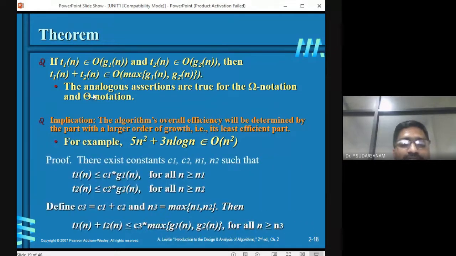So this is the definition, and you have to write the proof. I'll tell you how to write the proof. The same way you have learned the definitions, we have to apply those definitions and write it.